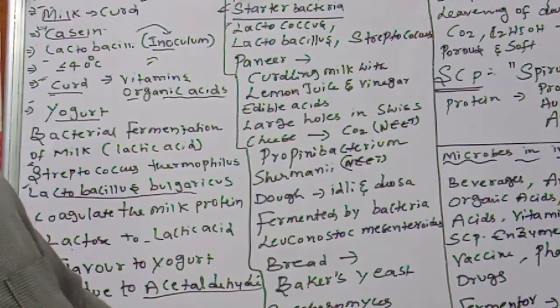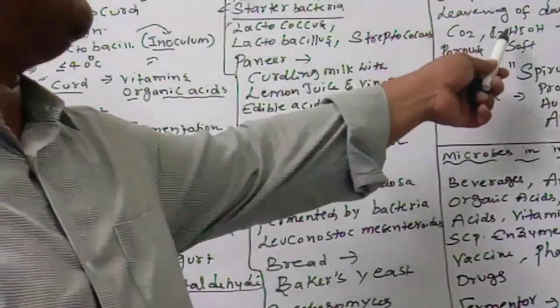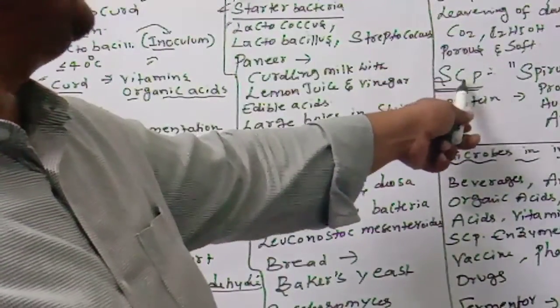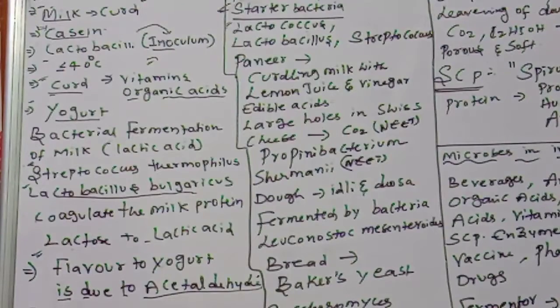So while making bread, glucose, ethyl alcohol, carbon dioxide all form. Then what are the effects of ethyl alcohol and carbon dioxide? The leavening of dough; carbon dioxide and ethyl alcohol make the bread porous and soft. So Saccharomyces cerevisiae, or baker's yeast, you should remember this point. Why? Because for making baker's yeast, Saccharomyces cerevisiae we will use.